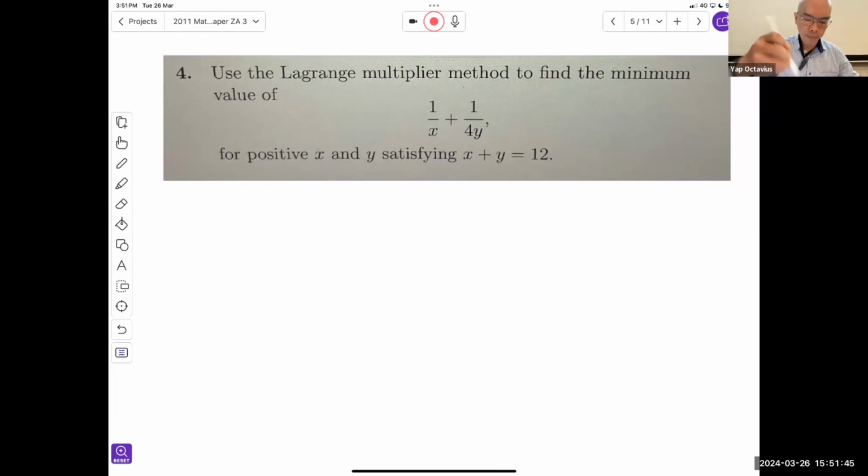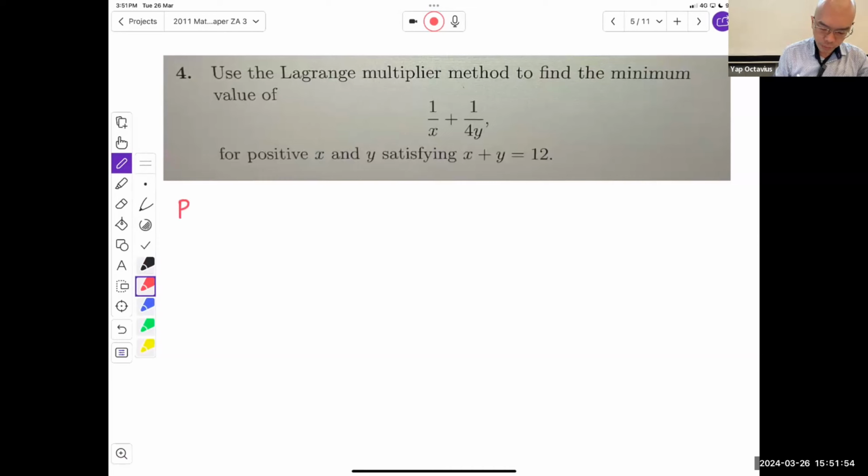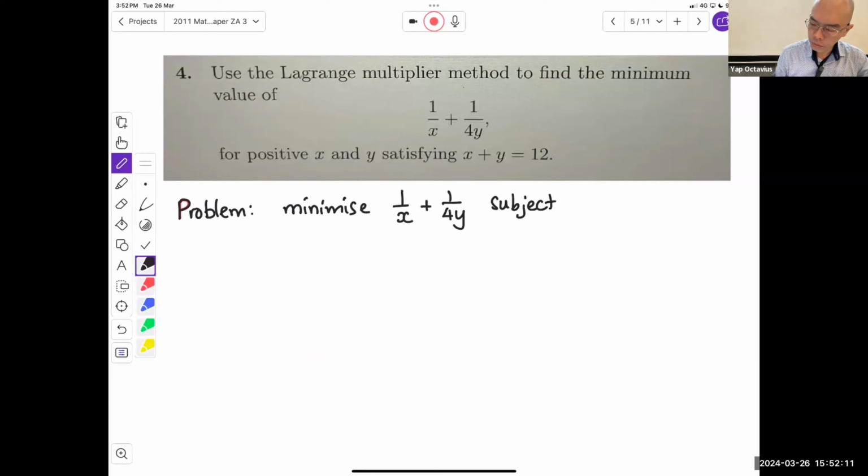Okay, come, let's do that. So now normally I'll put the problem there, okay? So the problem is to minimize this function subject to the constraint. Okay, so the Lagrangian.